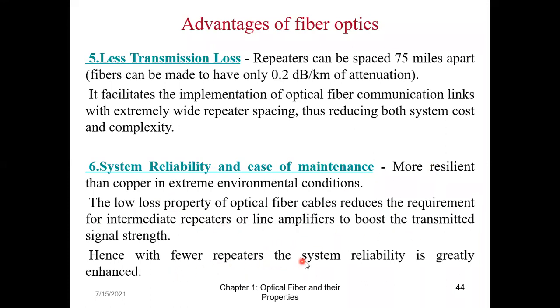With fewer repeaters, the system reliability is greatly enhanced. And the maintenance of fiber is quite simple unless there is a breakage or cut in the fiber cable, but the overall maintenance of fiber is easier.